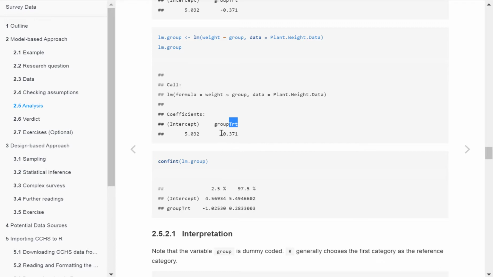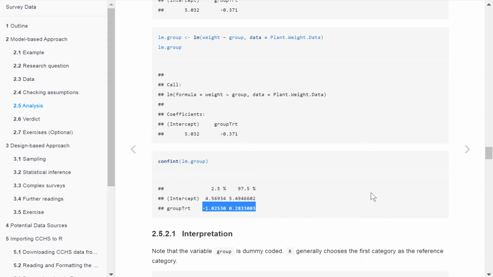And you can see there is a beta coefficient. The question is whether this beta coefficient is significant or not. You can simply check the confidence interval, and you can see within this confidence interval the value 0 is included, right?